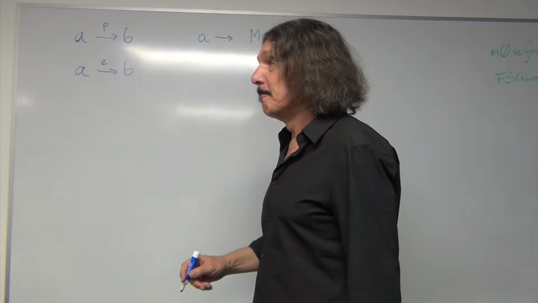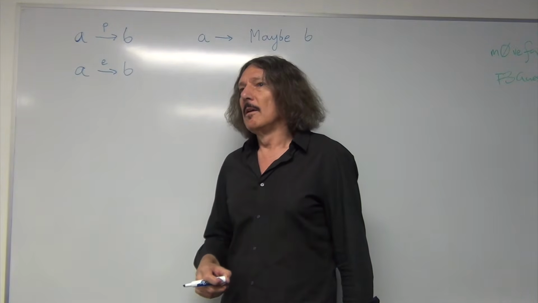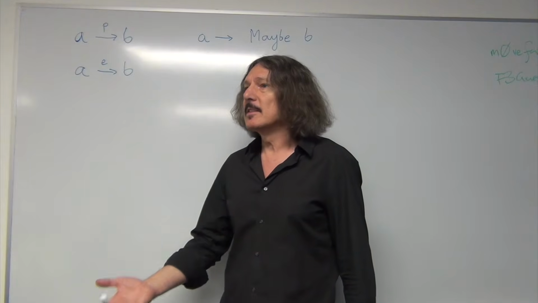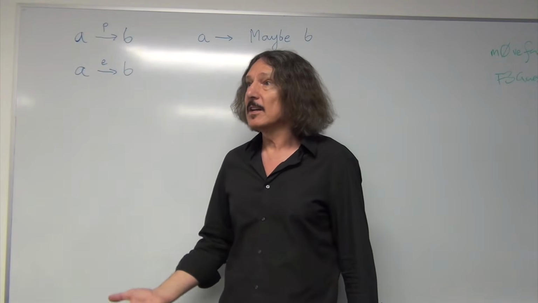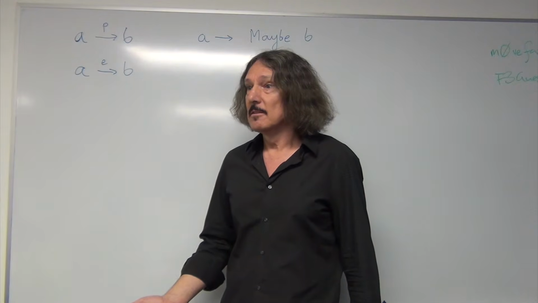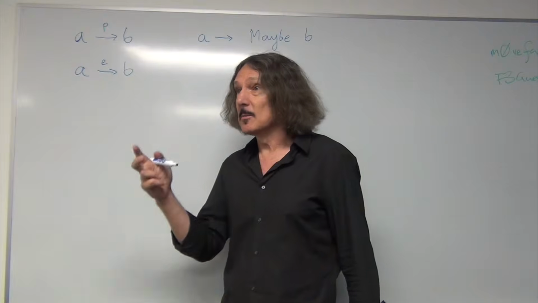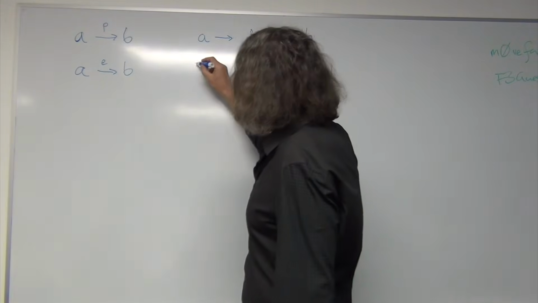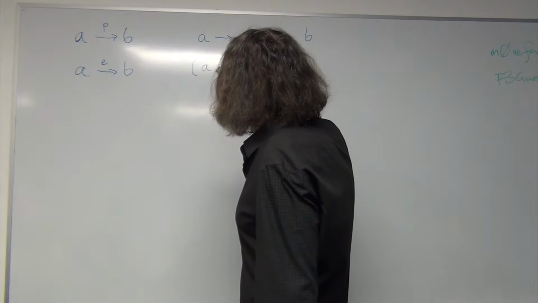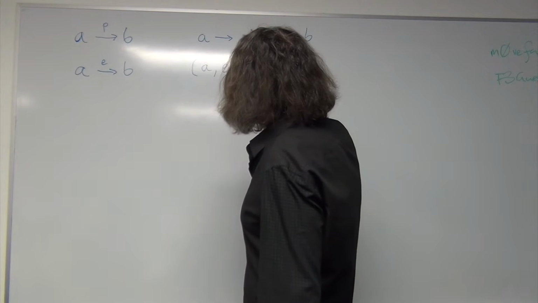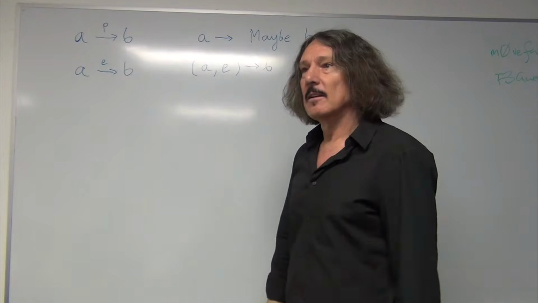How can we make it pure? The way to make it pure is just to pass the environment to this function, together with A. So it really takes two arguments, A and the environment. Let's pass a pair (A, E) and produce a B.